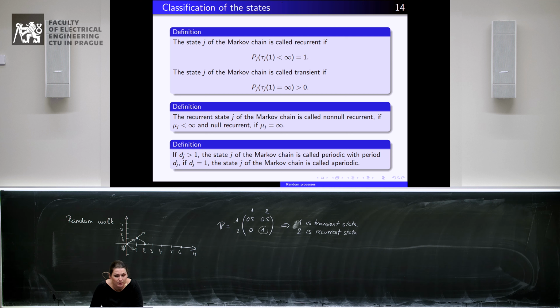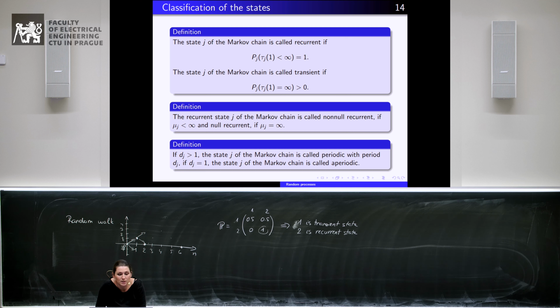And it can happen in some special situation that the state is recurrent, but the expected value of this time is equal to infinity. In this case, we call the state null recurrent, while in the normal situation that the expected value of the time, so it means the mean time for the process to return back to the state j, is finite, we call the state non-null recurrent.